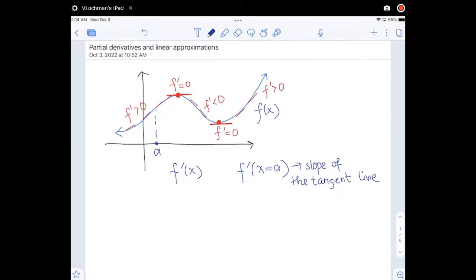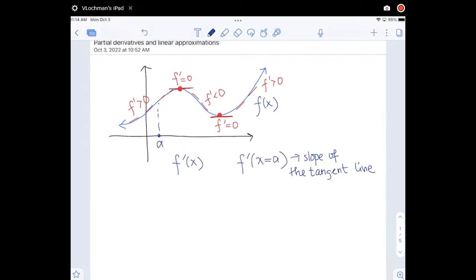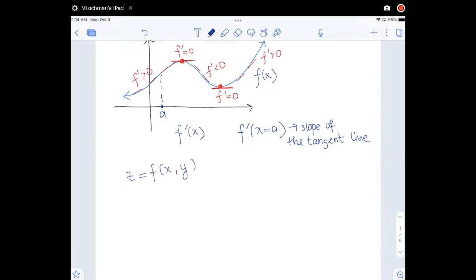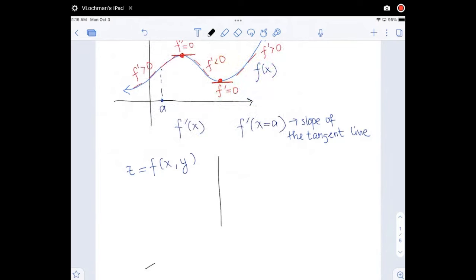All these connections about the derivative, not just straightforward computation. What does it actually tell us? Now, we're not dealing with a function of one variable anymore. Now we're dealing with a function of two variables. So f of x, y, or we can sometimes say z, is a function of x and y. So what do the graphs look like?